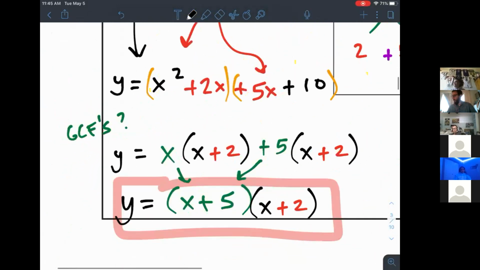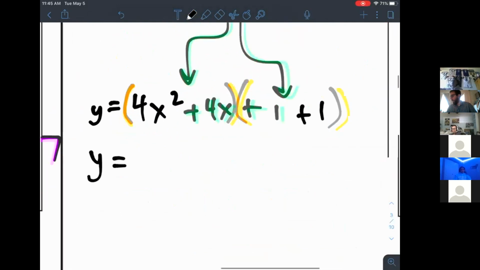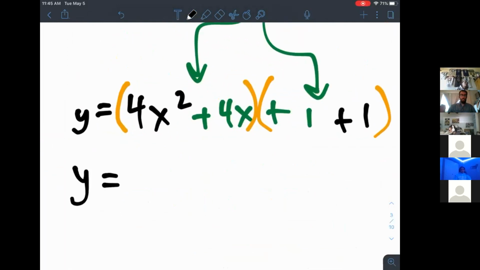And now from here, what do we do? Yeah, good call, Francis. We look for the GCF of each group. Can anyone identify what I could take out of the first group? What is the GCF of the first group? Let me change my color to purple here. 4x. Yeah, you could take a 4 out of both, and you could take an x out of both, because they both have a 4 and they both have an x. So you can take numbers and variables out of things.